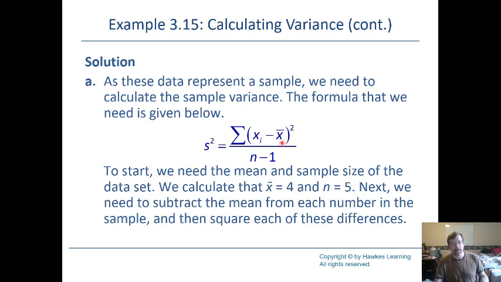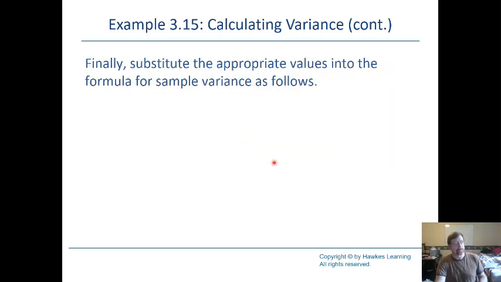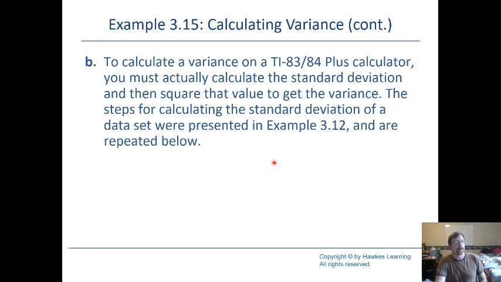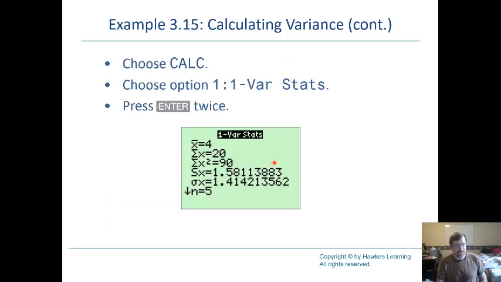So for the sample of the fitness club, we've got n minus 1 down here. For the entire population, we just have n. Which is why, now that I think about it, these two values are different. This is the sample. This is assuming that the data you put in was a sample, so it uses the n minus 1 formula.